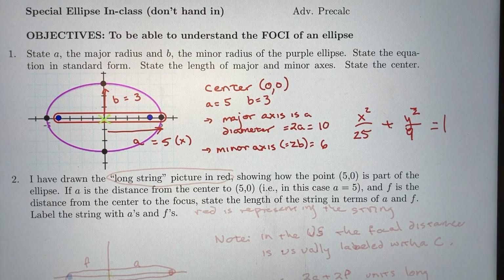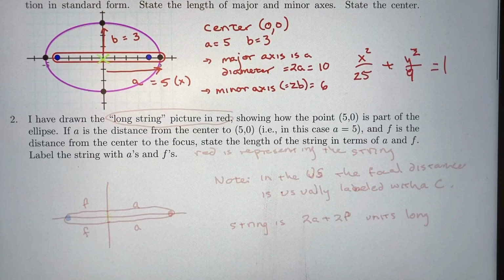Okay, so I've shown you, hopefully, the actual physical ellipse that I'm talking about that we draw, and the red thing is supposed to represent the string.